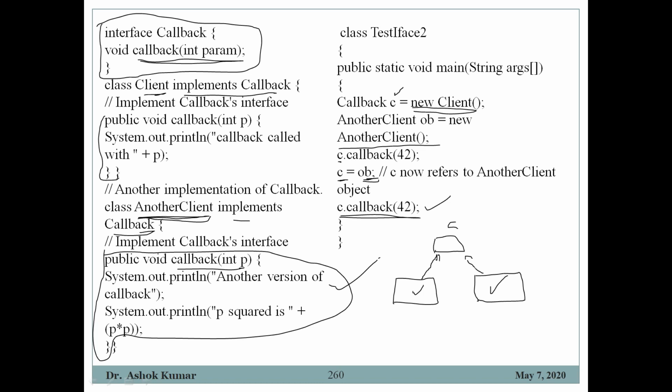If it is referring to the object of the second class, then the method of the second class will get called. So this is an example of runtime polymorphism, or we can say this is dynamic dispatch of methods.